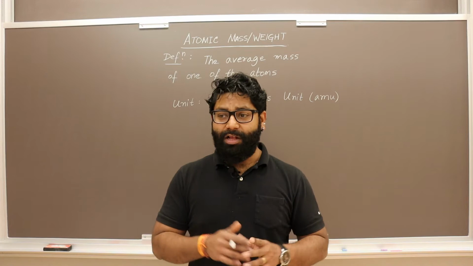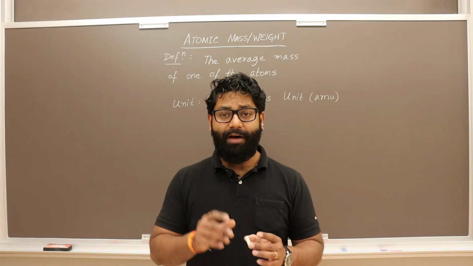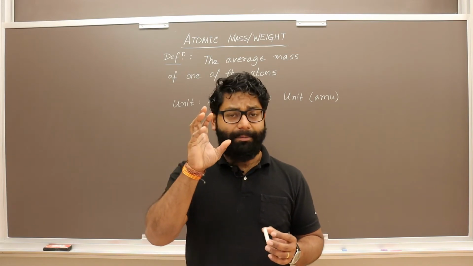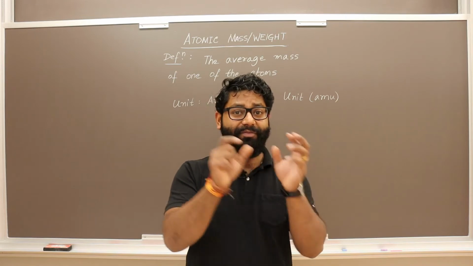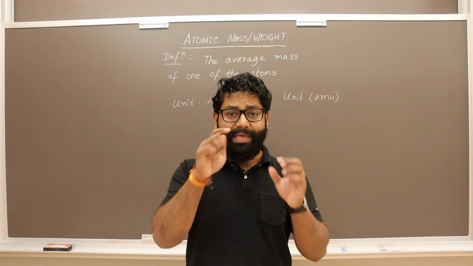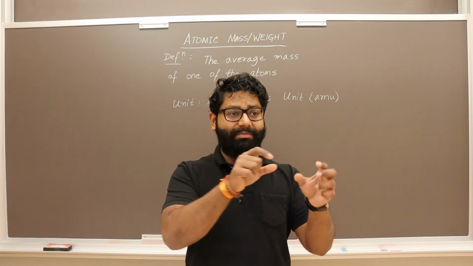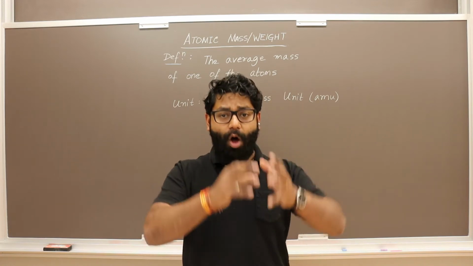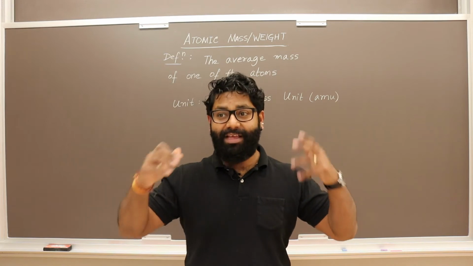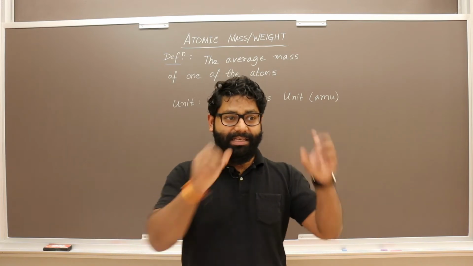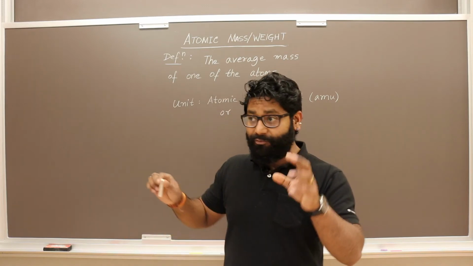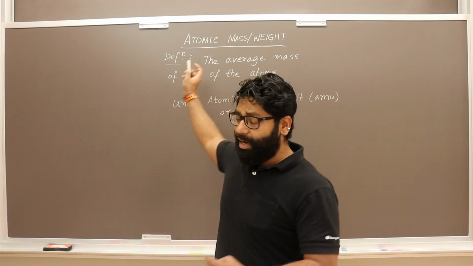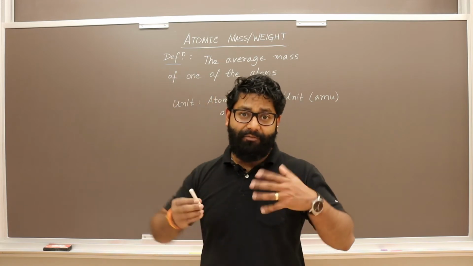We also briefly discussed the concept of average atomic mass and natural abundance, and how to calculate the atomic weight: we just get the average of all the atoms that are there in nature, and that's how we get the atomic mass of any element, right?